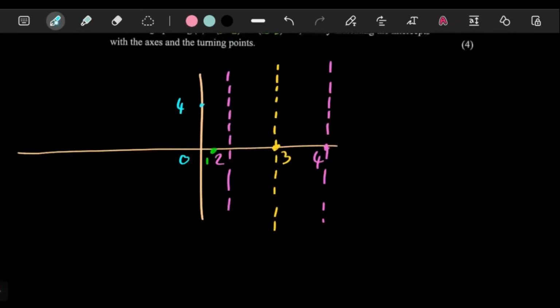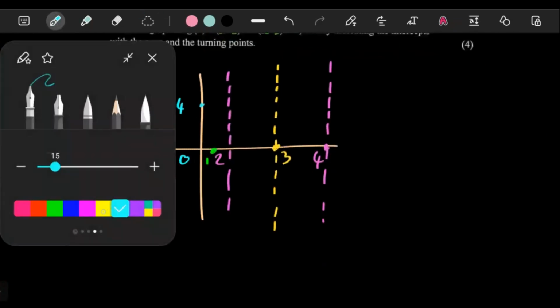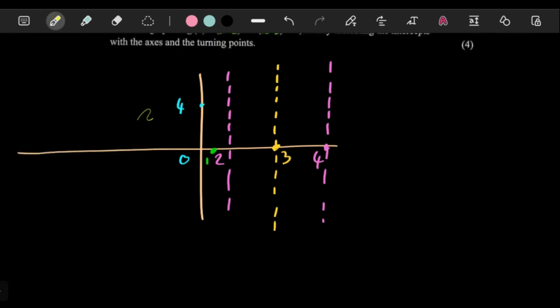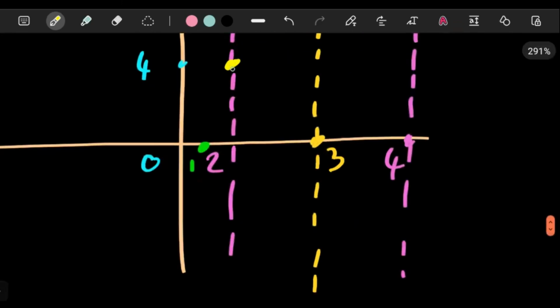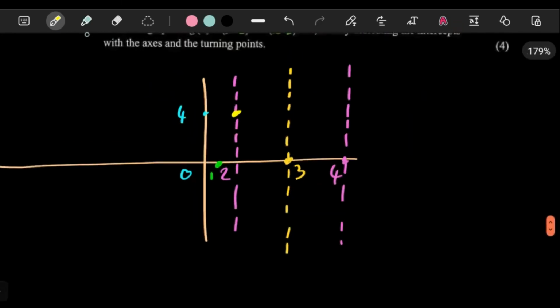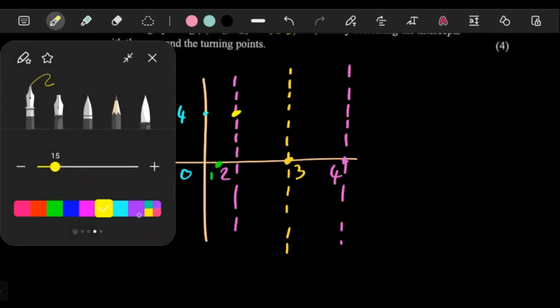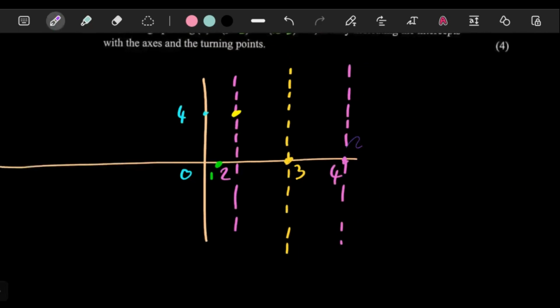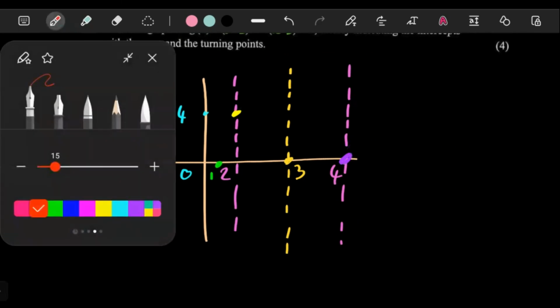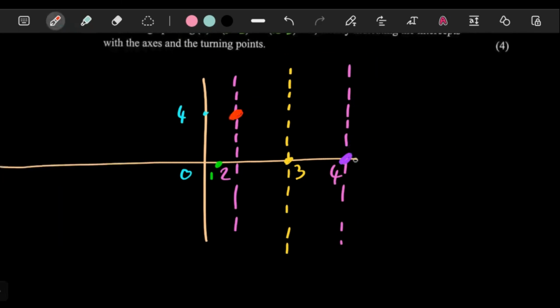The one that was at 4 was at -1, so when moved it became +2. The other turning point had a y value of 0, so it's still there. You may have to watch this video twice.